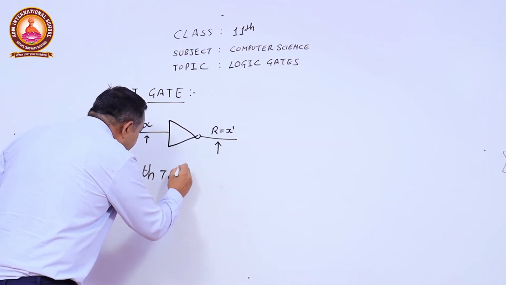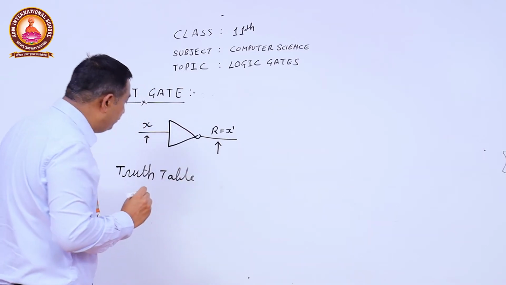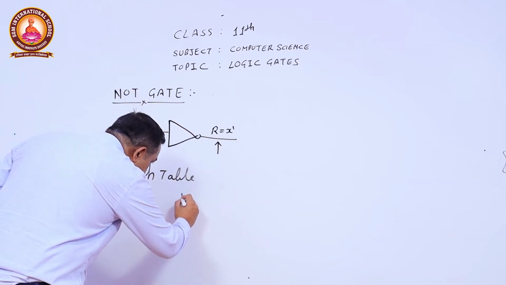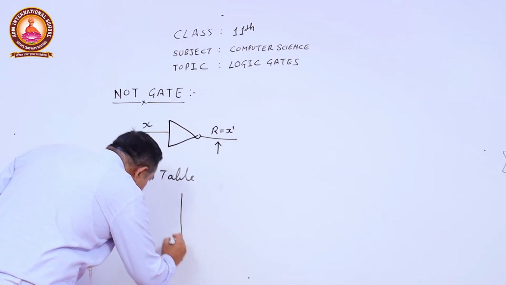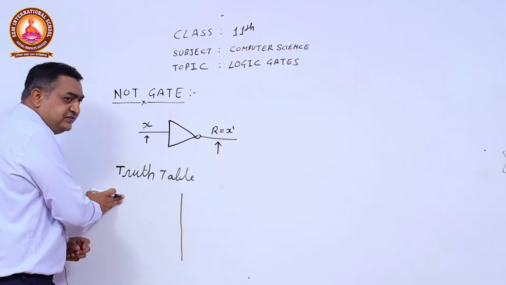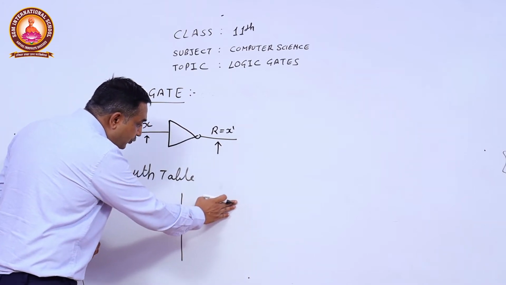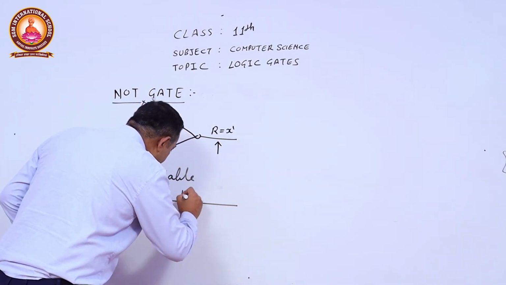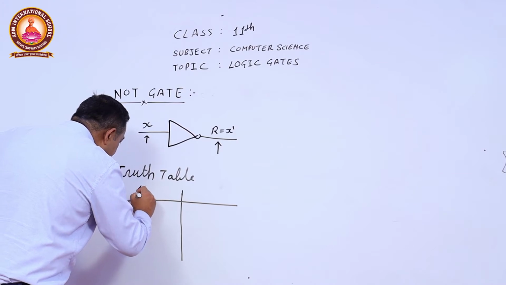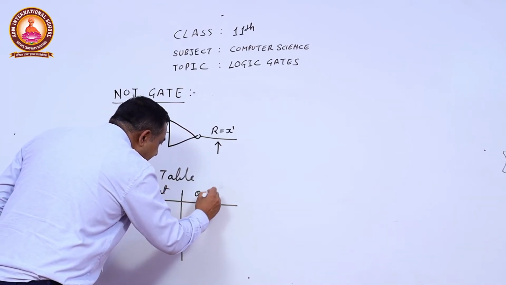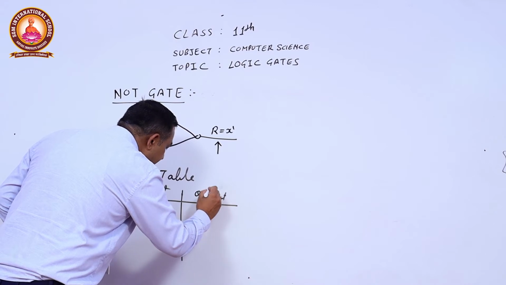Very first, you draw a vertical line. This is the LHS side, the input side, and this is the output side. Write input on this side and write output on the other side.